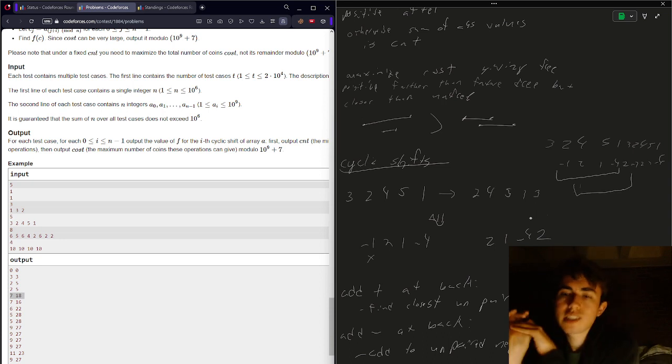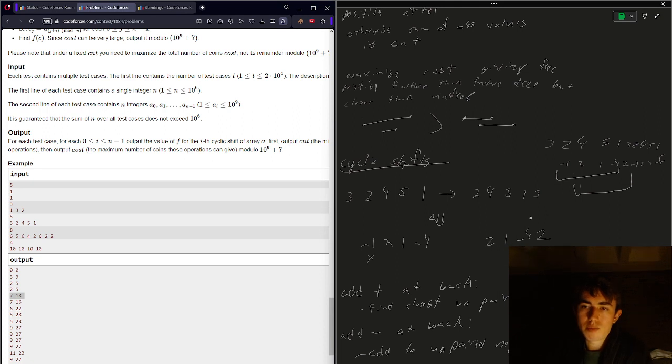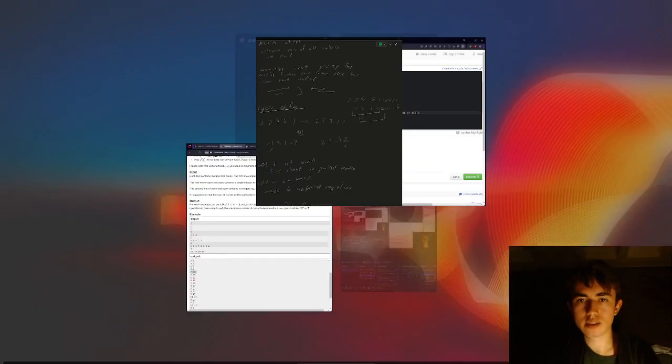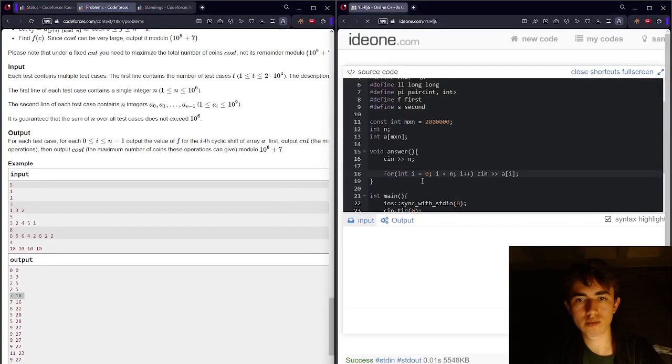Okay, sure. All the cyclic shifts are just looking at intervals of 4 in the array duplicated twice, difference array, correct? Agree. I think so. Yeah, okay, that looks good. That will make life easy. So let's do that.